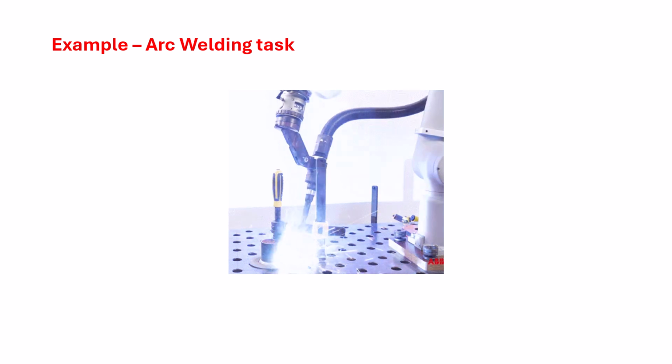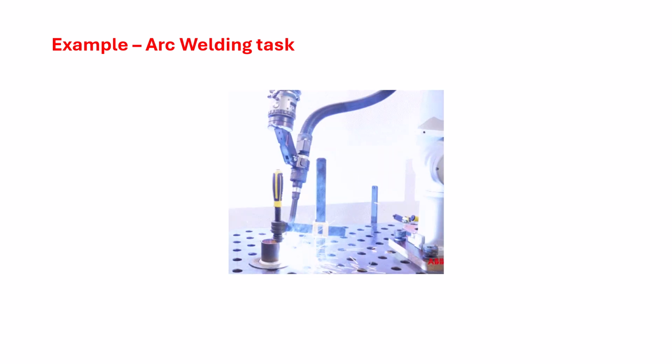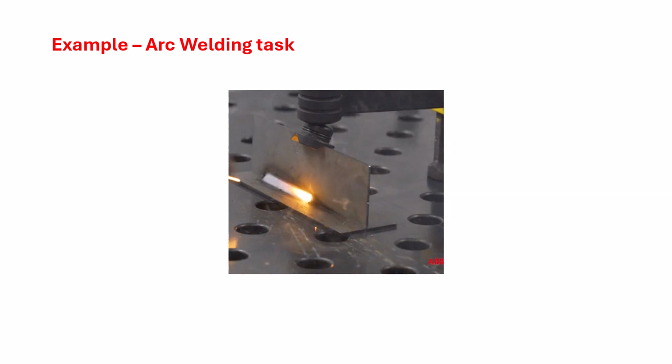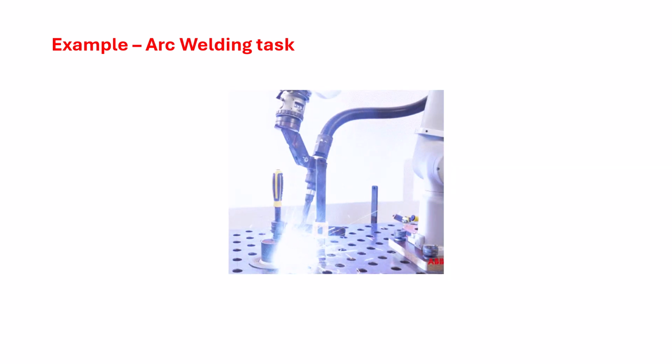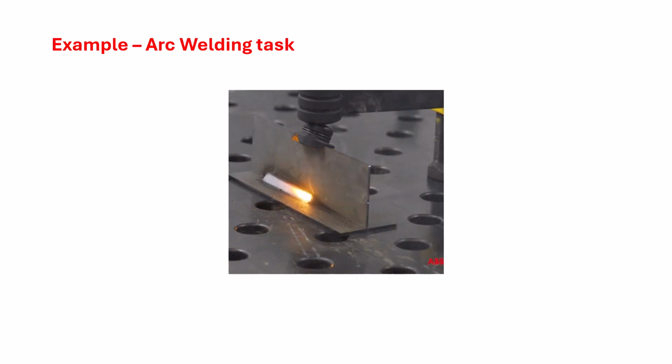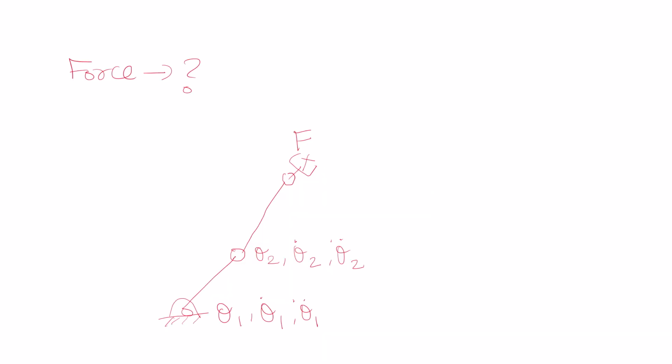The work done will not only overcome the self-inertial load of the arm, but also generate the desired motion at the joints of the arm so that the tool will follow its trajectory. Now, the question is, what should be the generalized forces applied to the robotic joints in order to produce the desired motion at the end effector frame?